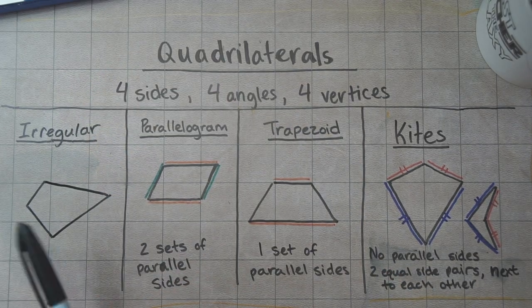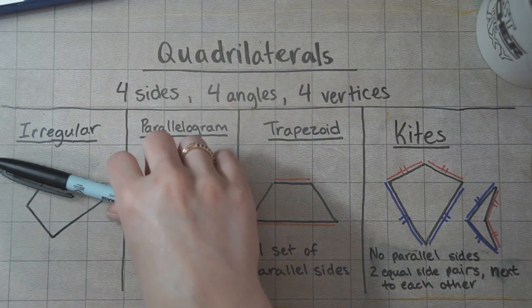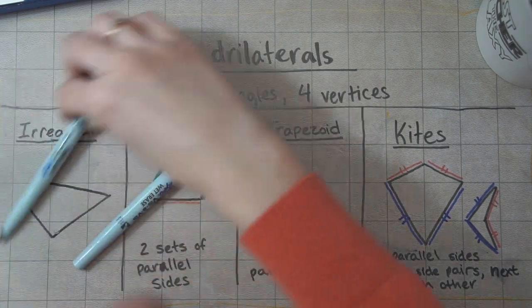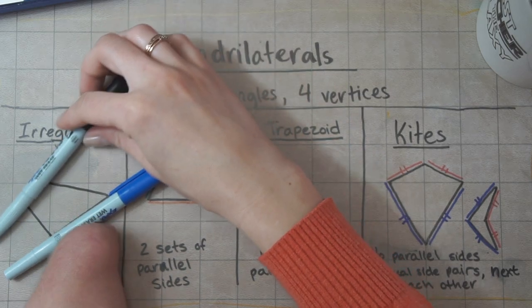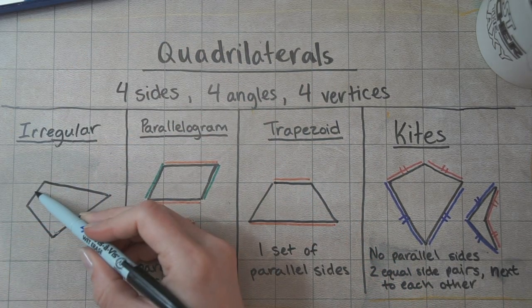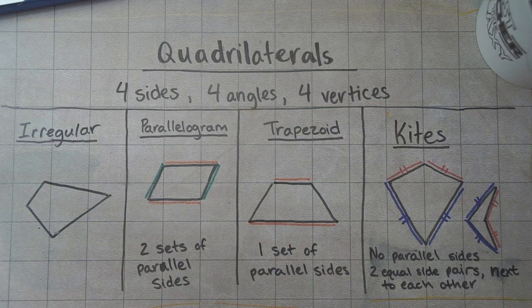Kind of like a trapezoid, but it doesn't actually have those parallel sides. See, those two would meet, and those two would eventually touch each other. But also, the sides are not the same length.